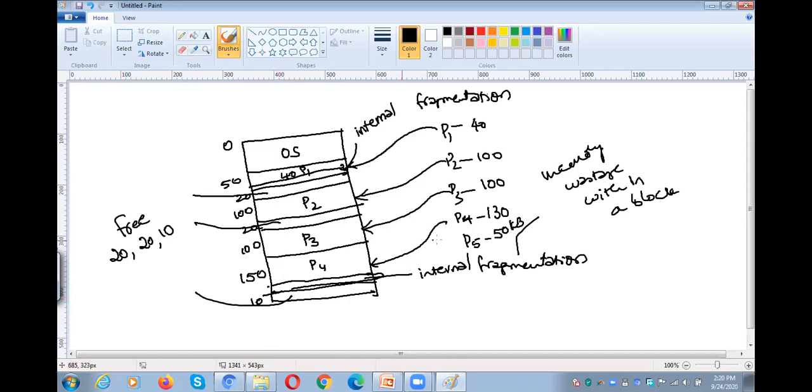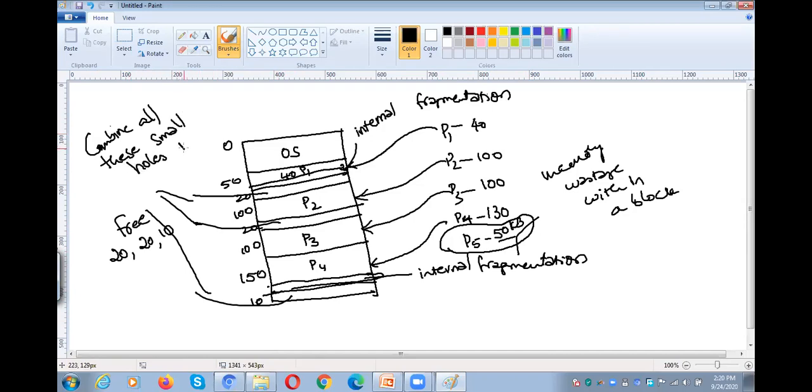Okay, suddenly one process wants to come into the main memory. The size of that particular process is 50 KB. So what can we do? We can combine all these small holes into one big hole.